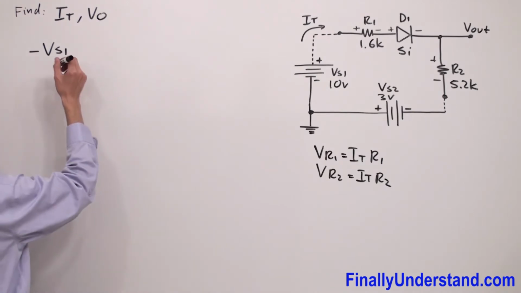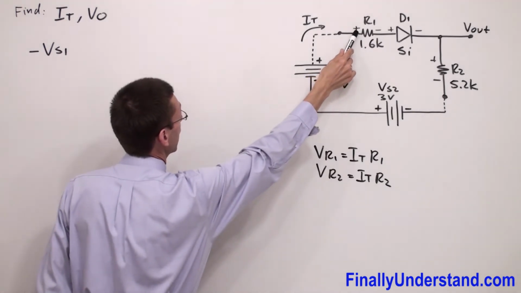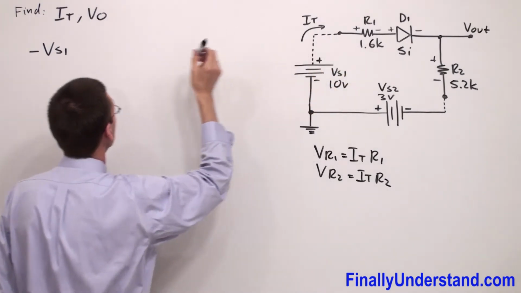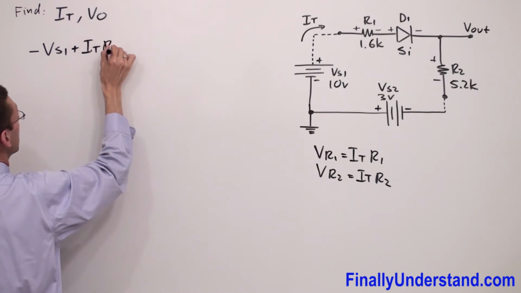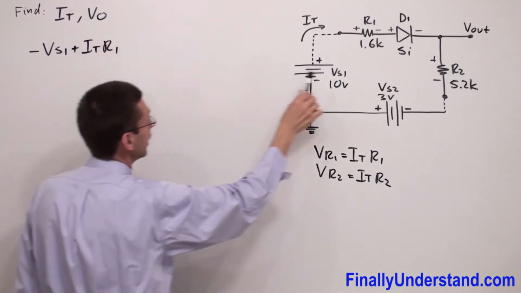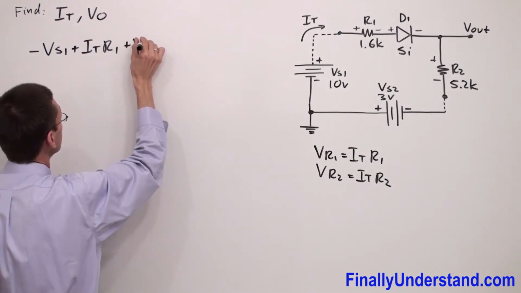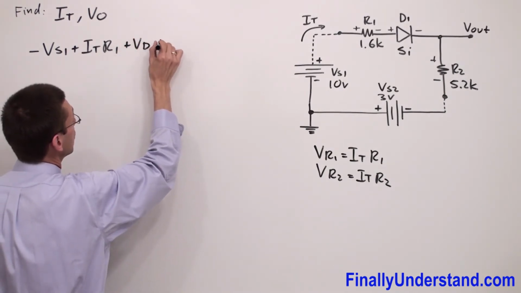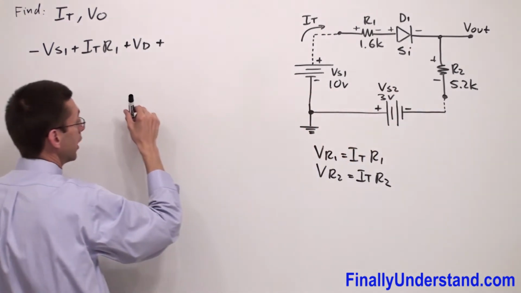So I have positive voltage across resistor R1. So I have plus I total times R1. Next, I have plus voltage across the diode, plus voltage across resistor R2.